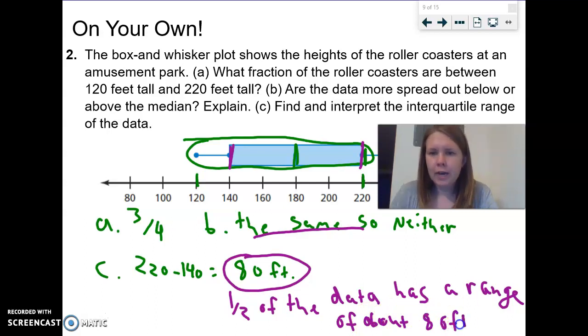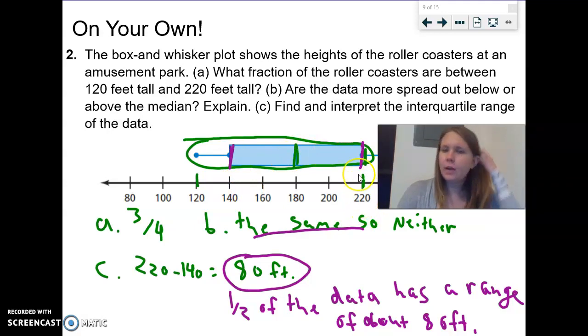So most of your data is going to be between that 80 feet mark, between 140 and 220. Okay, 80 feet in that range.